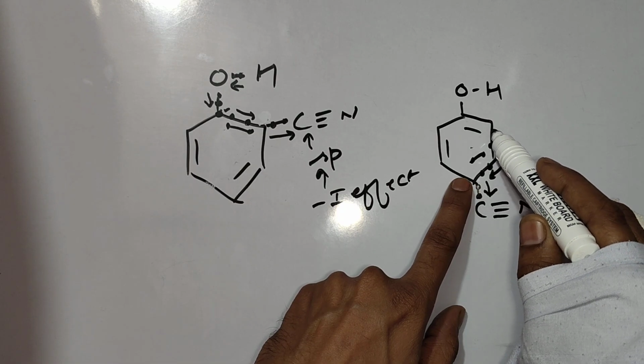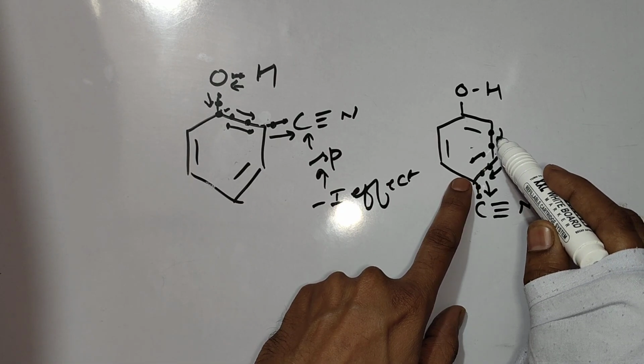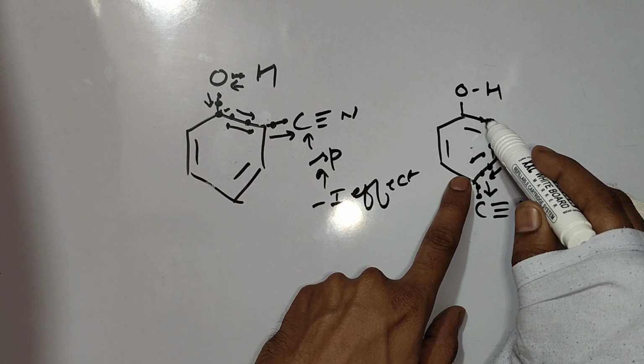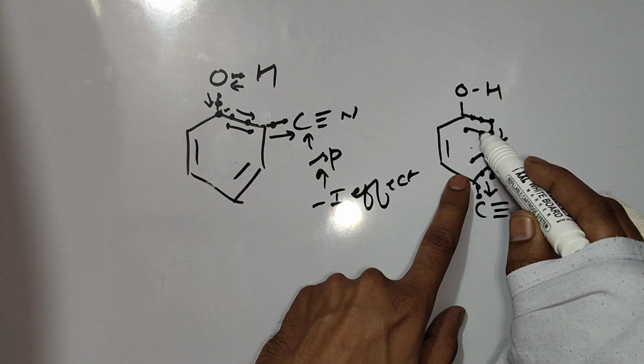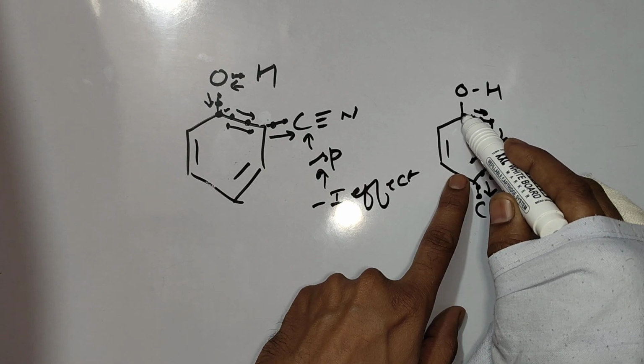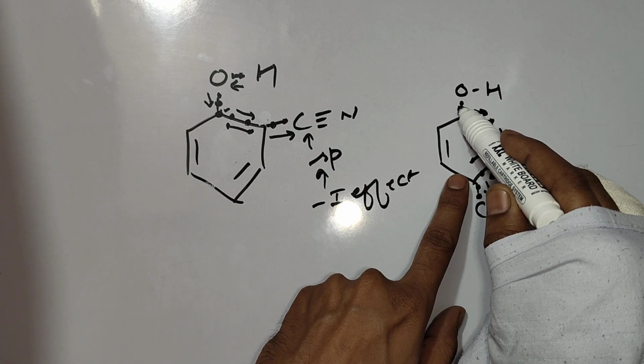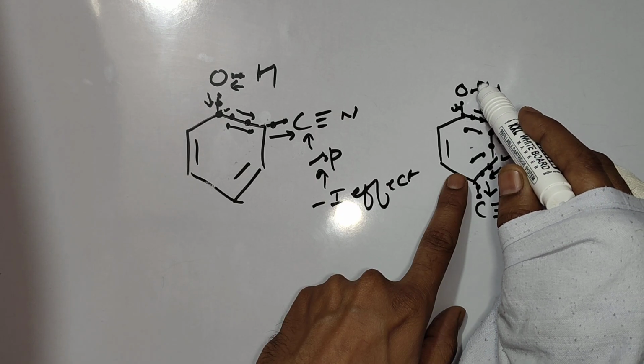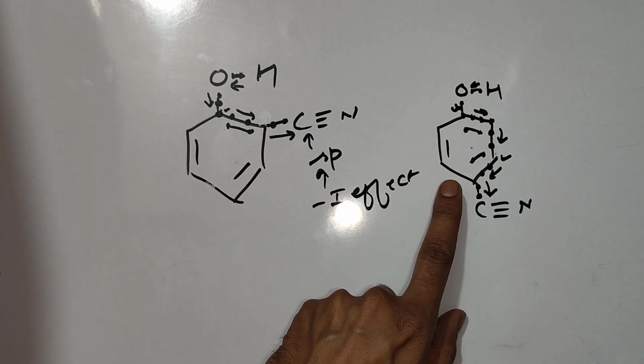In turn, this carbon will start attracting electrons from this. In turn, this carbon will start attracting electrons from oxygen. And in turn, oxygen will start attracting electrons from hydrogen.